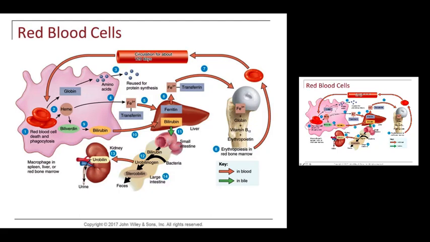The globin, the globular protein, is broken down into amino acids, and those can be reused for protein synthesis. That's pretty cool. Then you have the heme, which has an iron-containing portion and a non-iron-containing portion. The iron-containing portion, you can see the iron here, is transported by transferrin.